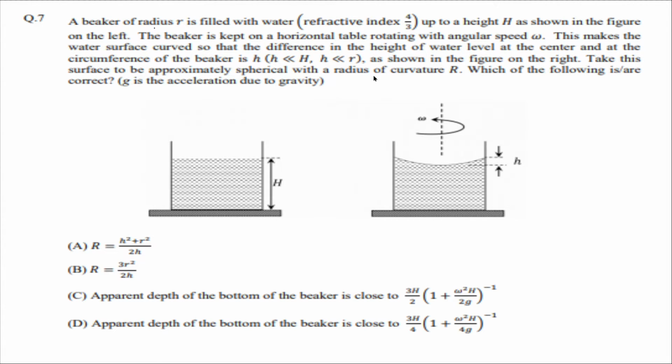This makes the water surface curved, so the difference in the height of the water at the center and at the circumference of the beaker is h, and this h is very small compared to the height up to which water is filled and the radius of the beaker, as shown in the figure on the right-hand side. Take this surface to be approximately spherical with radius of curvature capital R. Then which of the following is/are correct?